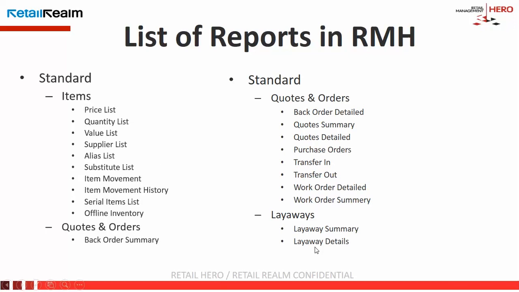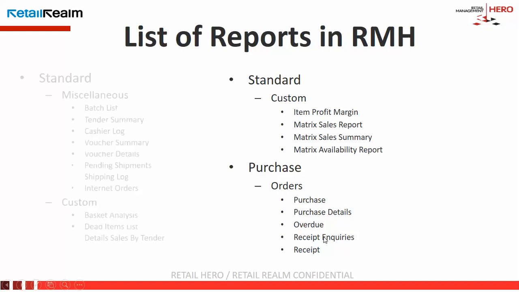Then we also have items, so all the reports related to items: price list, quantity list, value list, and so on. Then we have quotes and orders: back orders, quotes, work orders, purchase orders, transfer out, and so on, and also layaway reports, so layaway summary and layaway details.